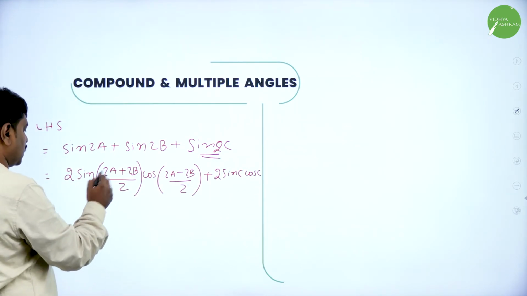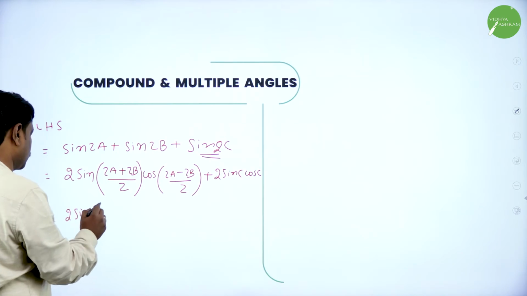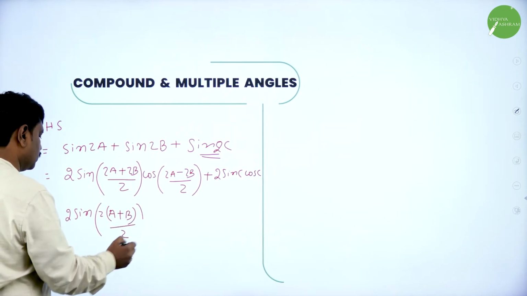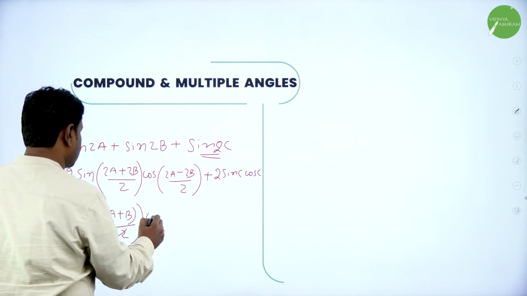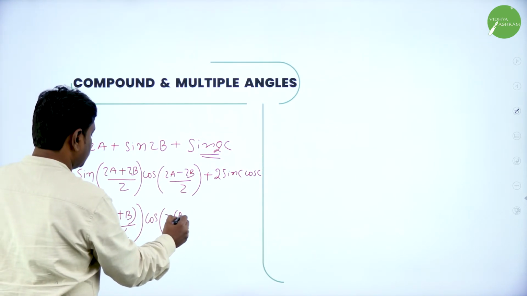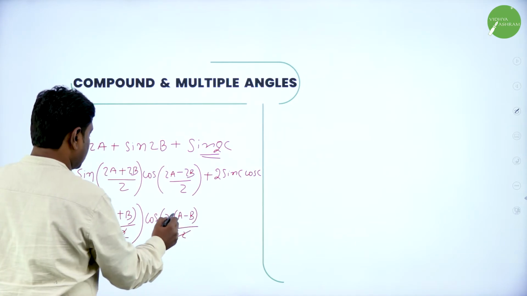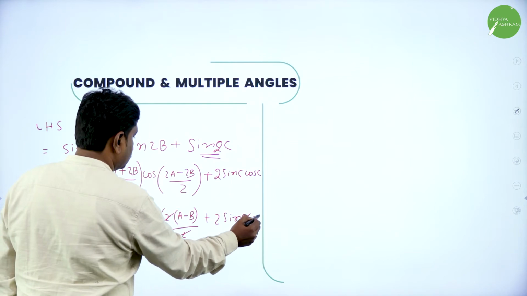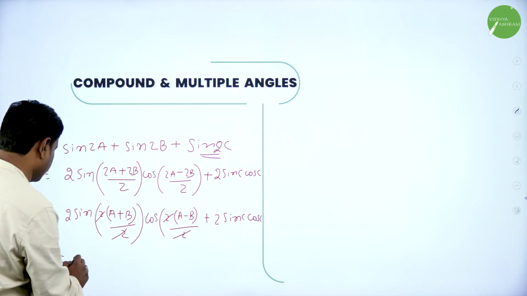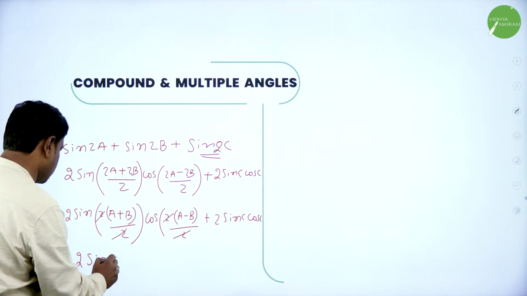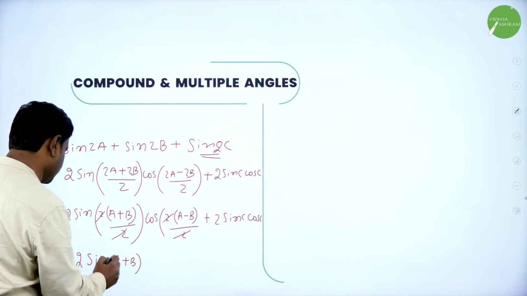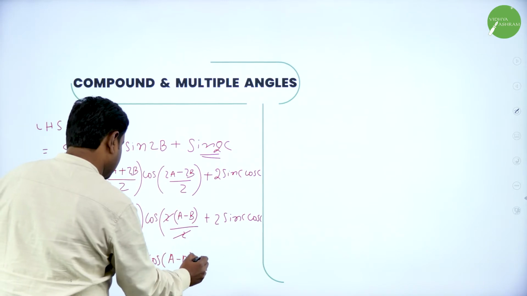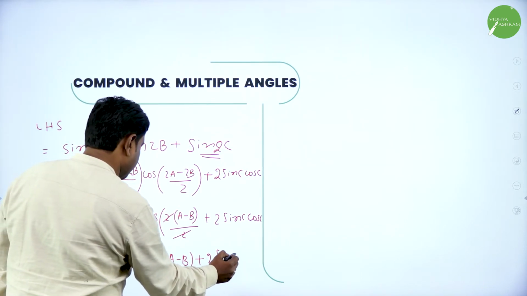Further here the 2s cancel, so it will be 2 sin of a plus b into cos of a minus b, plus 2 sin c cos c.